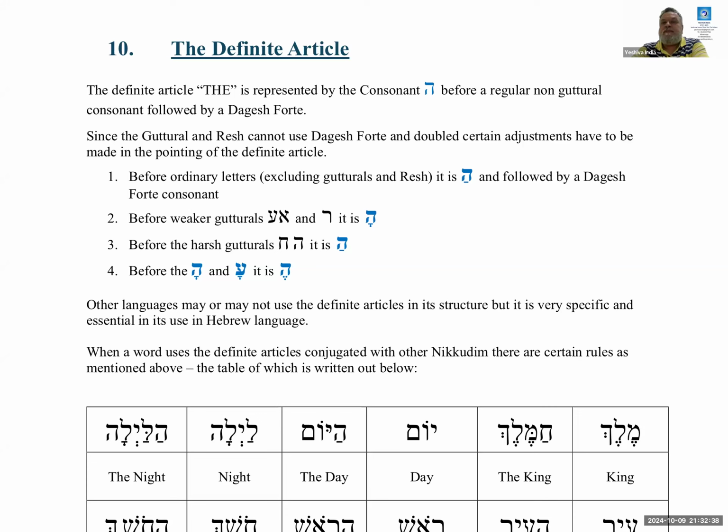Before ordinary letters, excluding gutturals and resh, it is he with patach and is followed by a dagesh forte consonant. Before weaker gutturals, that's resh, ain, and aleph, it is kamatz. Before the harsh gutturals, that's he and chet, it is patach. Before ha, ain, and he, it is he.